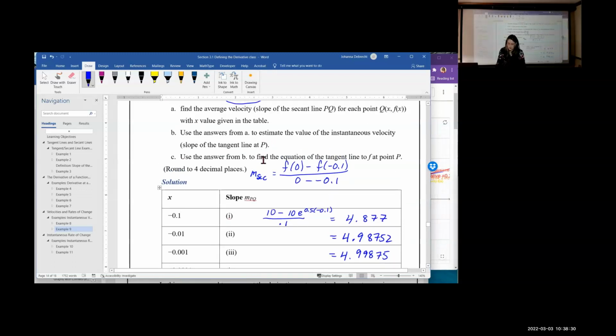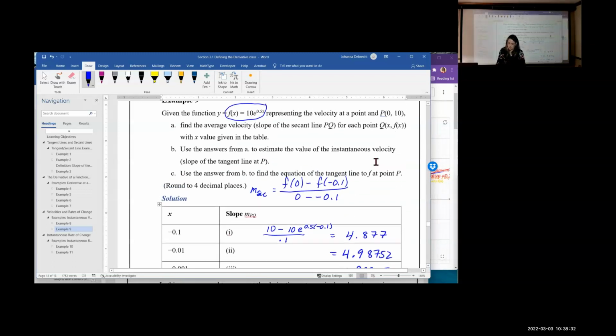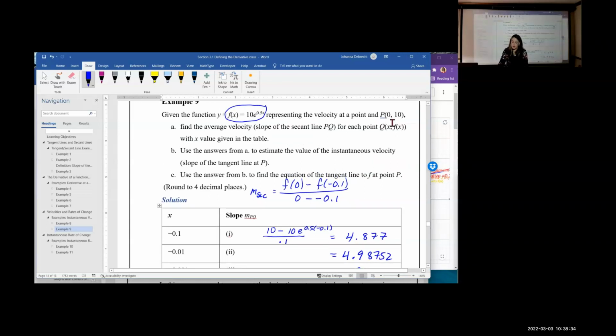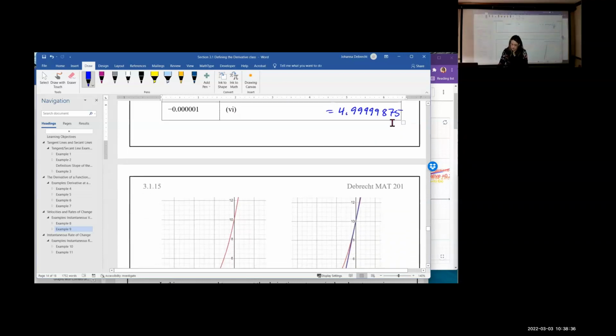And so we can find the equation of the tangent line at the point. Our point is 0, 10. So we have the point 0, 10. And we have our estimated slope of the tangent line equal to 5. So we do y minus y1 equals slope of the tangent line times x minus x1, which gives us y minus 10 equal 5 times x minus 0, which is y equal 5x plus 10.